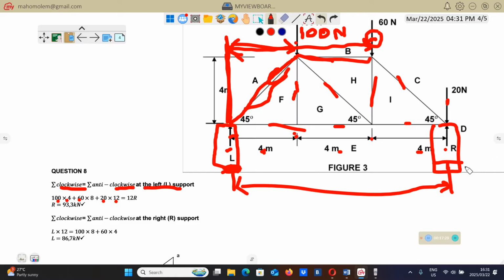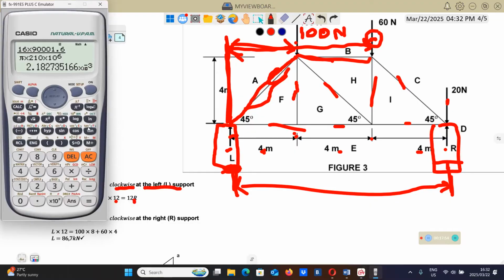And then the anti-clockwise moment is going to be this upward force, which is R. This R will try to rotate this framework in an anti-clockwise direction. This 12 is the distance from here to there. We already said that this is 12. And from there, you calculate the reaction.